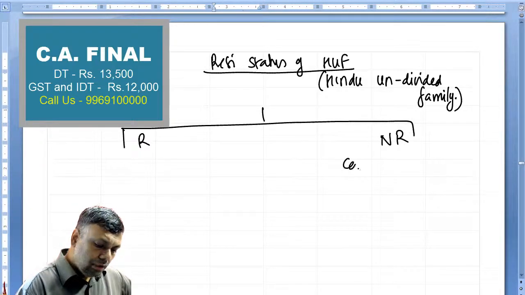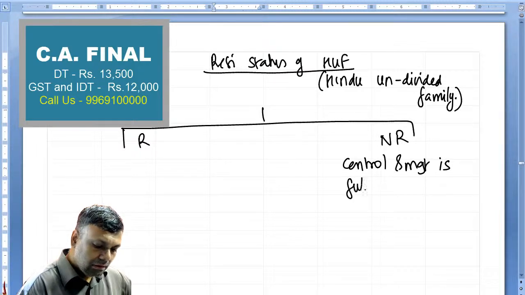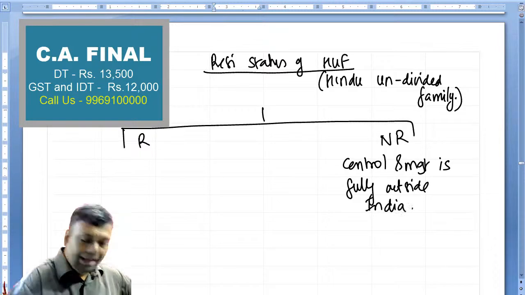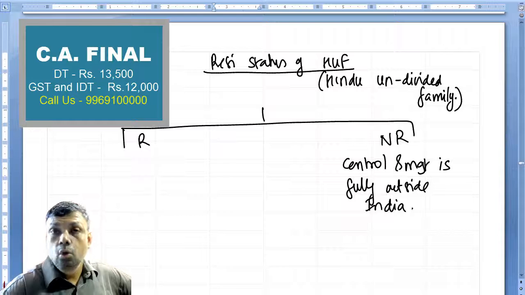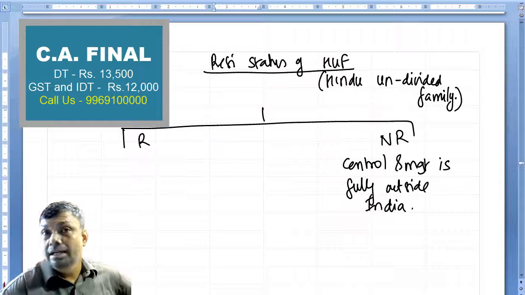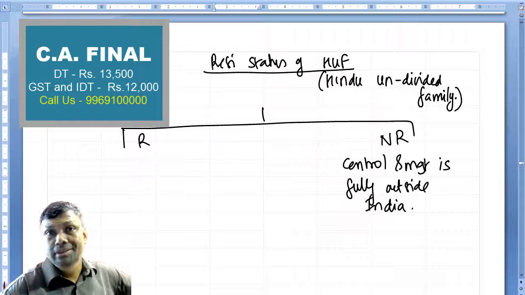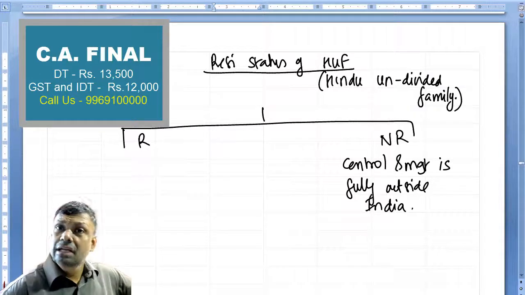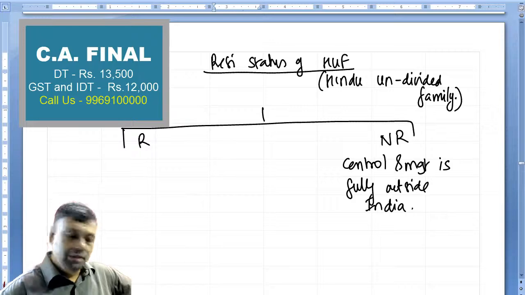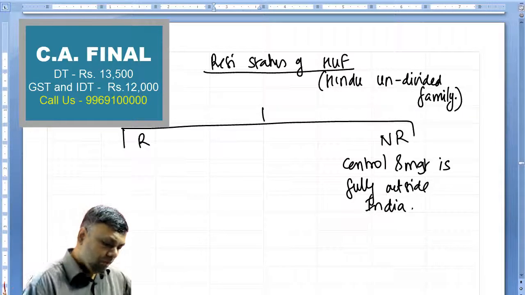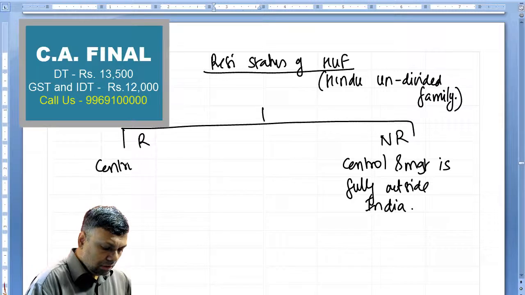If the control and the management of the family is fully outside India, then it's not a test of the number of days of stay. It's a test of control and management of the business. So if it is fully controlled from a place outside India, then it is going to be regarded as a non-resident.